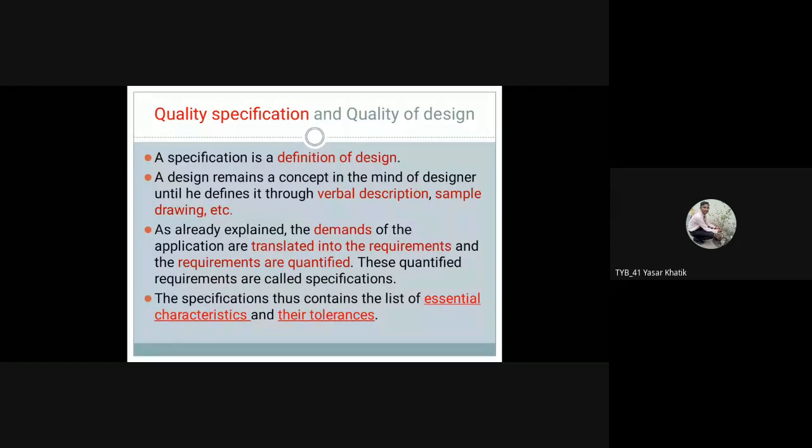The specification thus contains the list of the essential characteristics and their tolerances.